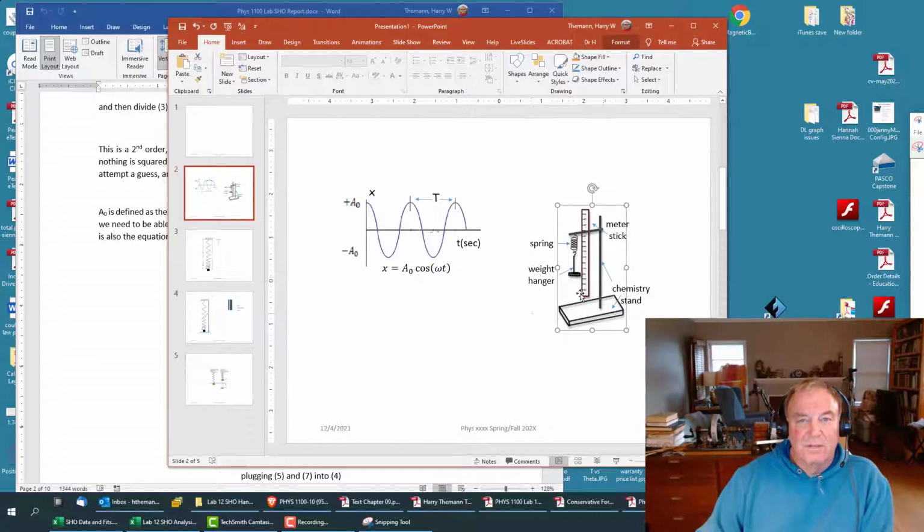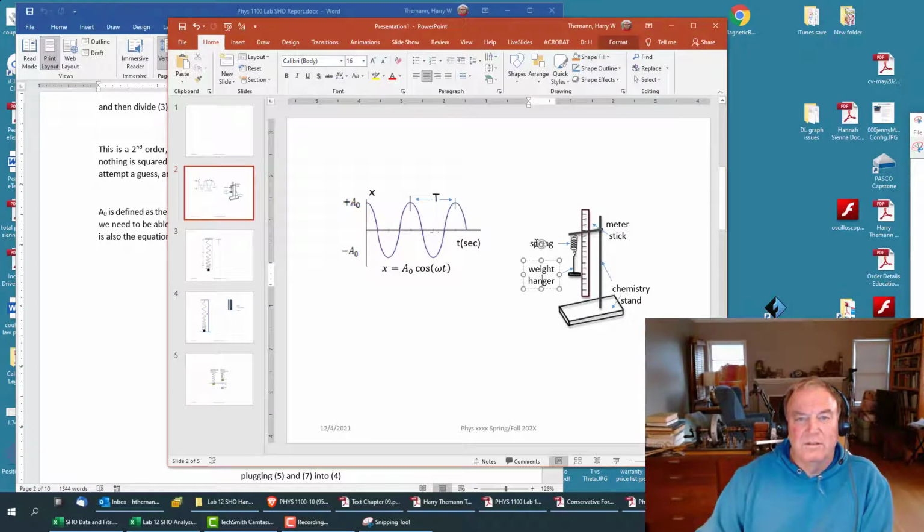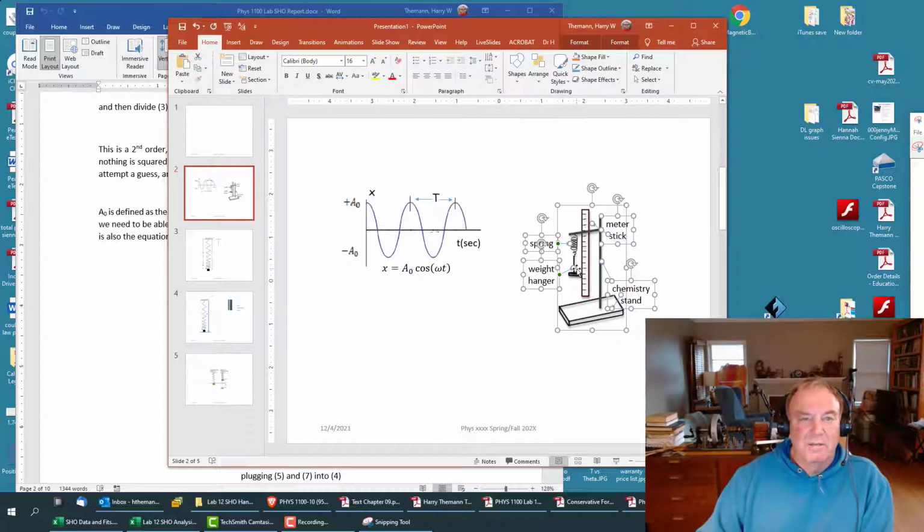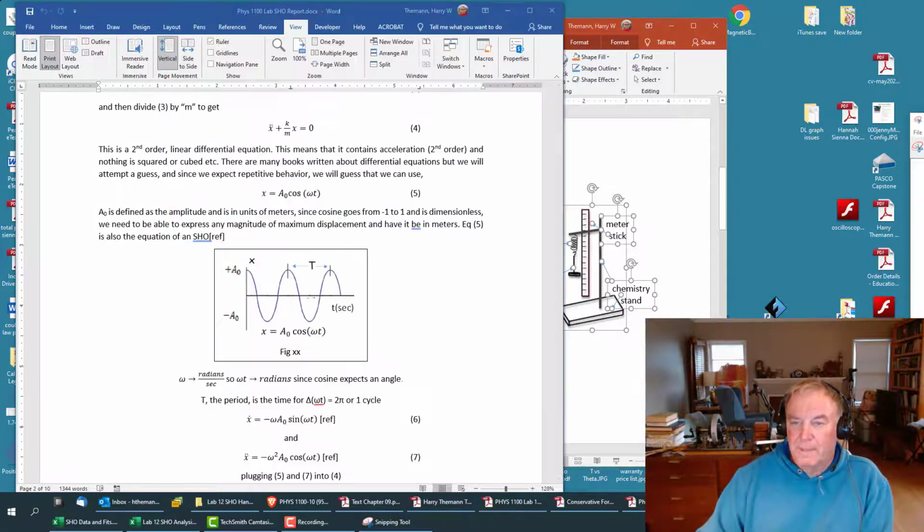See, I stole this diagram from I think Chegg or WebAssign. Then I added the words and the arrows, and then I just select everything, and then I copied it and I pasted it into a text box.